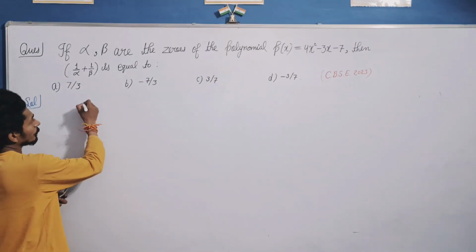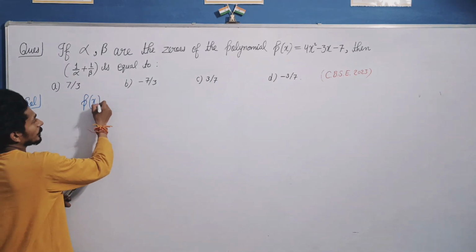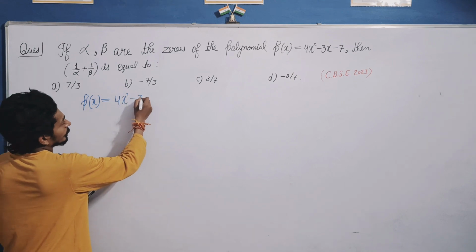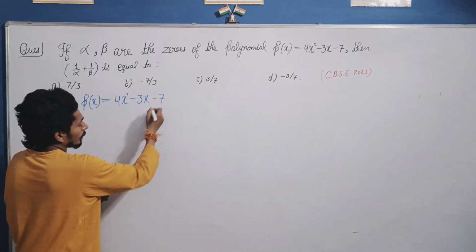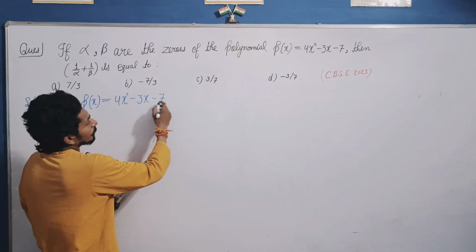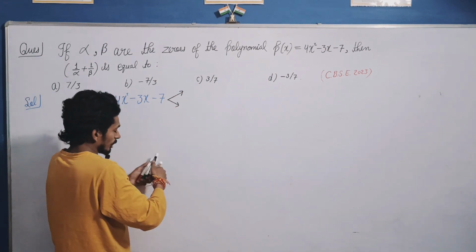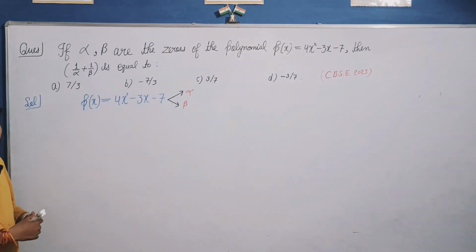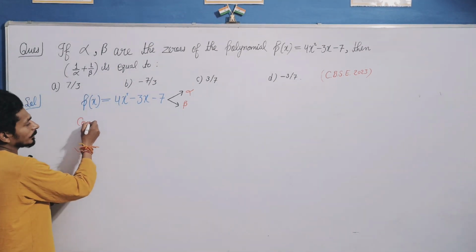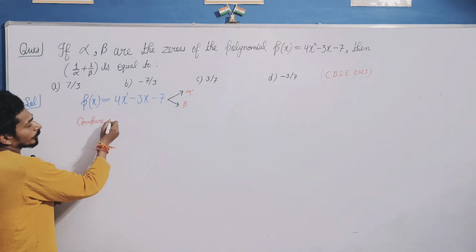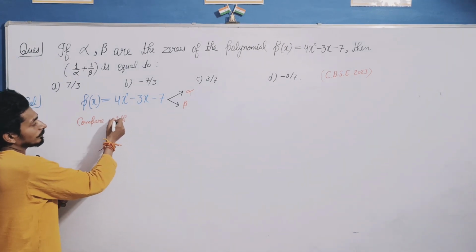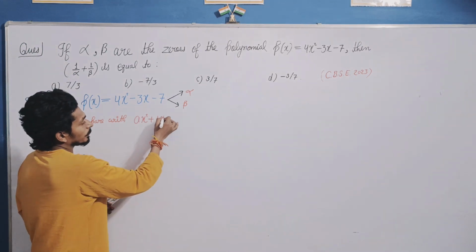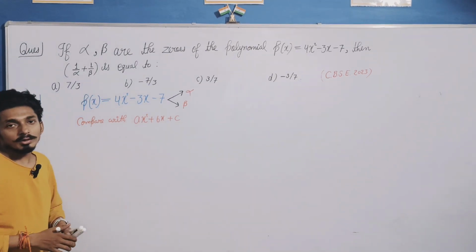Our polynomial p(x) is equal to 4x² − 3x − 7. According to the question, it has two roots, alpha and beta. Now we compare the given quadratic polynomial with the standard form, that is ax² + bx + c.